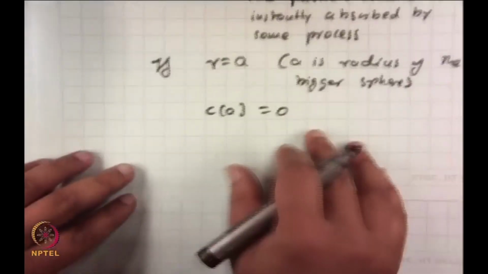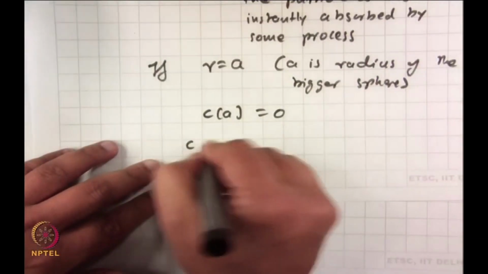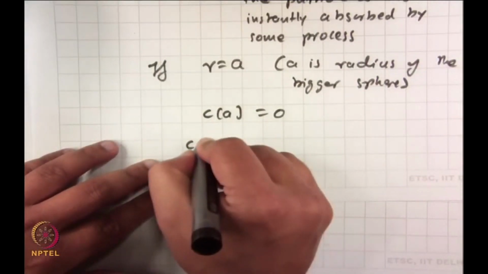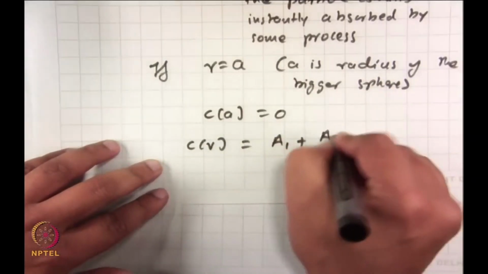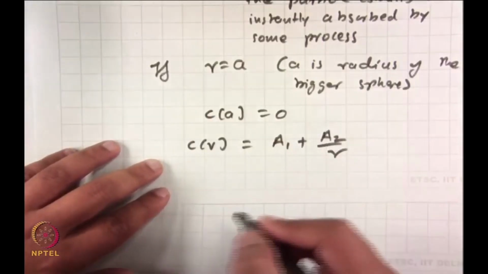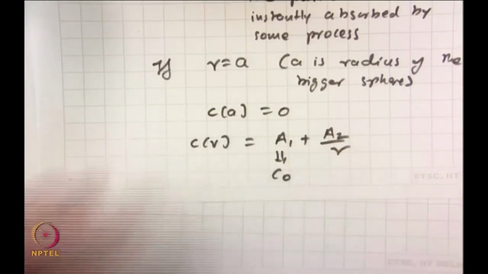And if we use this in the previous equation, what we have is C of R is equal to A1 plus A2 over R. We already know what A1 is, C naught.